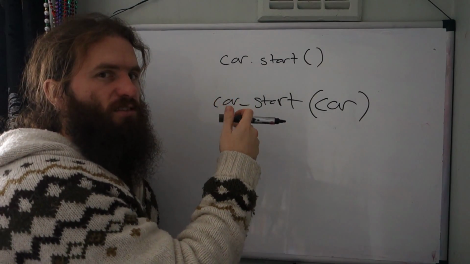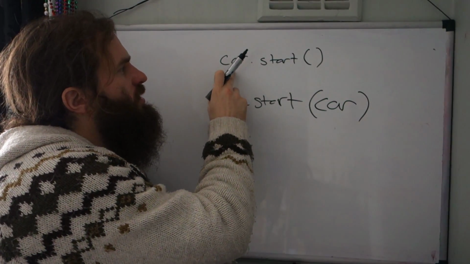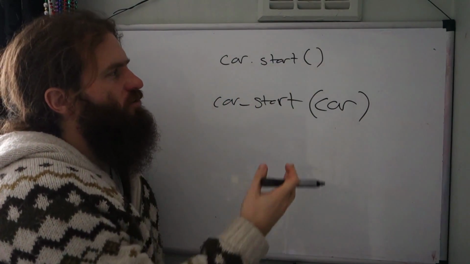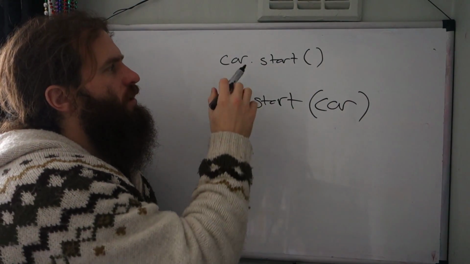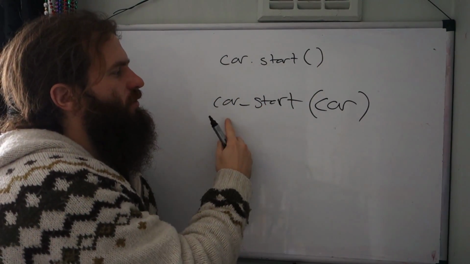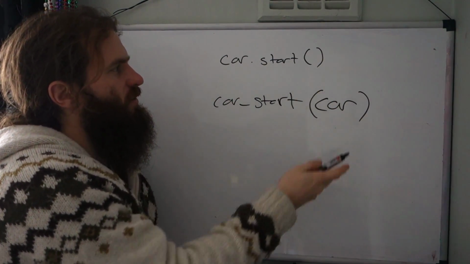In C++ and object-driven languages, you'll have the structure or the object here, and then you call functions upon it. But it's essentially just doing this. It's as if you defined a function called car start and you're passing in the car.